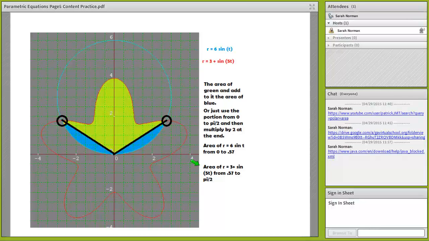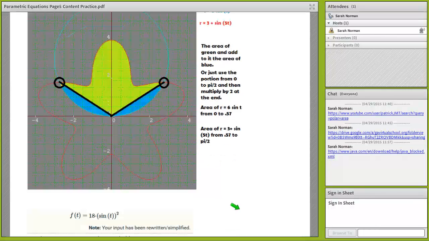To find the shaded region in green, I can find the area of r equals sine of 5t from 0.57 to up here at pi over 2. And then once I get this green section and this blue section, I'll just multiply it by 2.